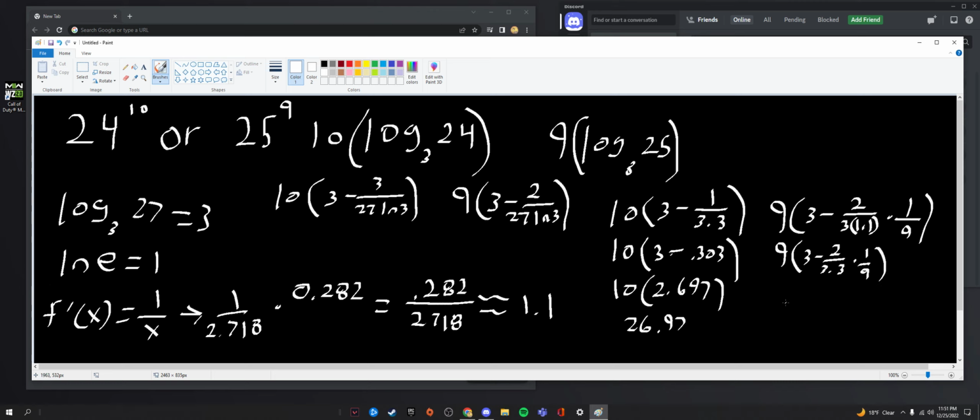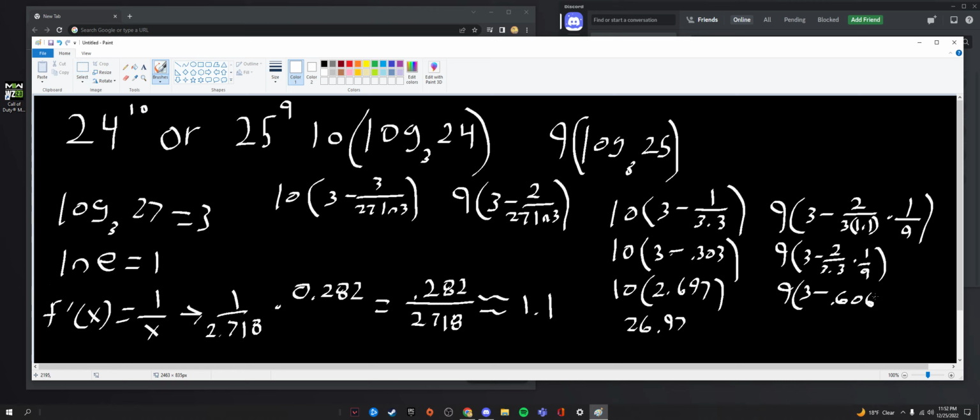And now we have 9 times 3 minus, sorry, should be 3 there, not minus. 3 minus, now 2 over 3.3 is about 0.6? Yeah. Okay. 0.606.